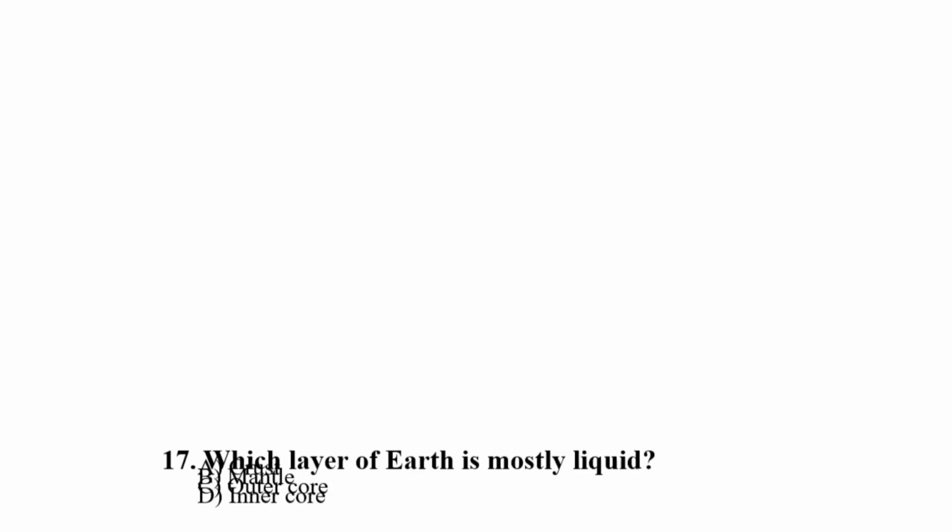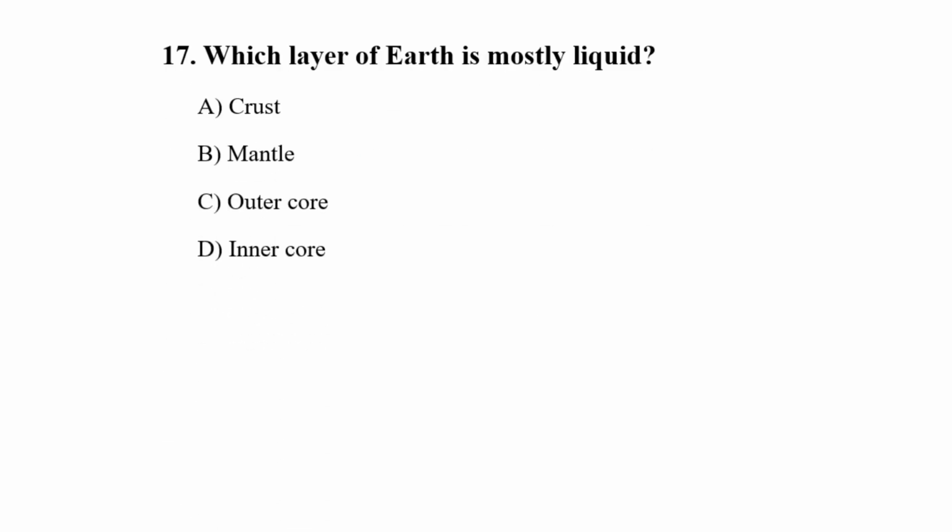Question number 17. Which layer of Earth is mostly liquid? A. Crust. B. Mantle. C. Outer core. D. Inner core. The answer is outer core.